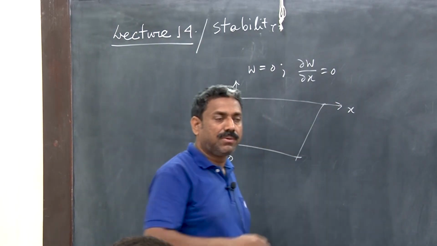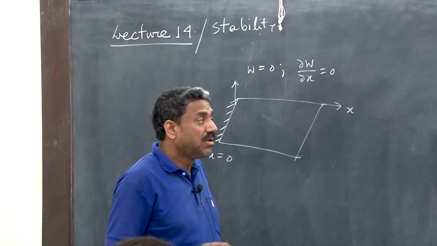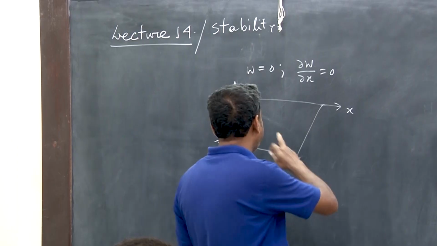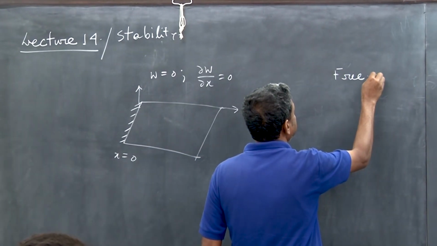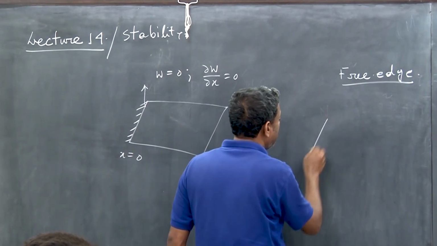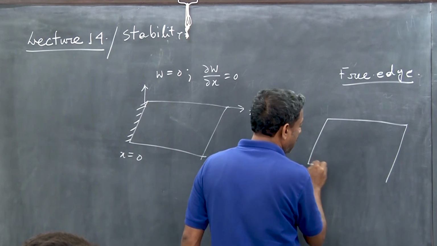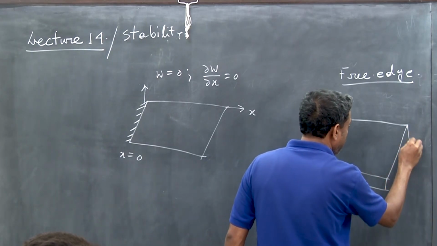So, as far as simply supported or fixed boundary condition, you are all done, right? But what about free edge? For the free edge, there is a little problem that I would like to quickly discuss, many of you might be aware of it.